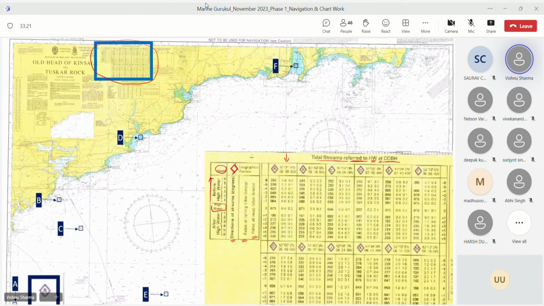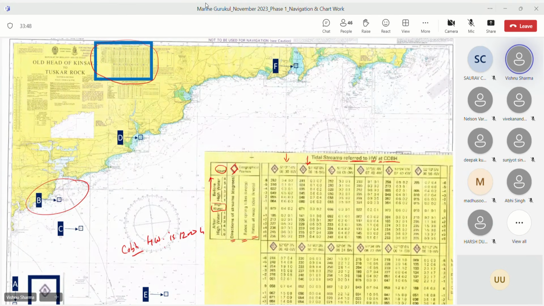Okay. Now, basically, you will pick up the tide from the station which is closest to your point of operation. Now let us say I'm close to this Bravo. And suppose at Cobh, the high water is at 1200 hours.